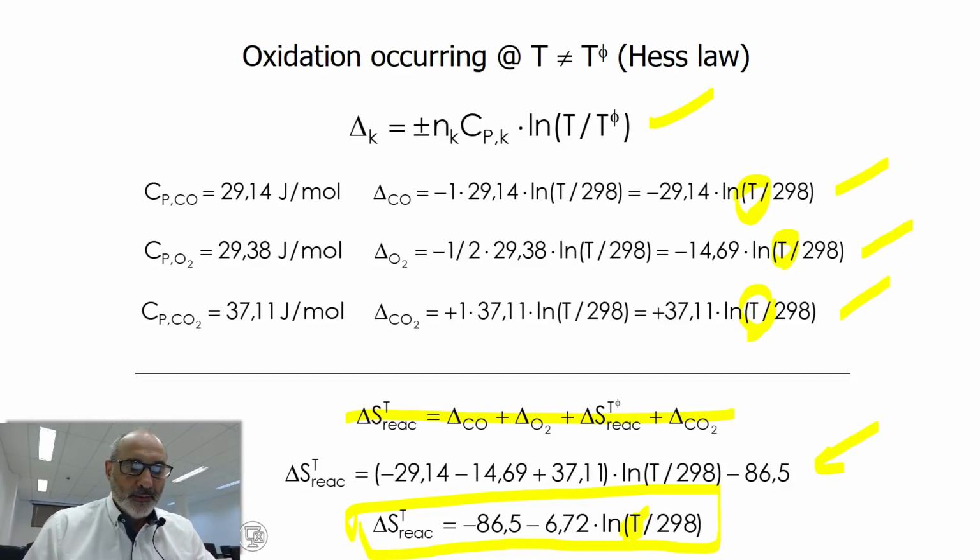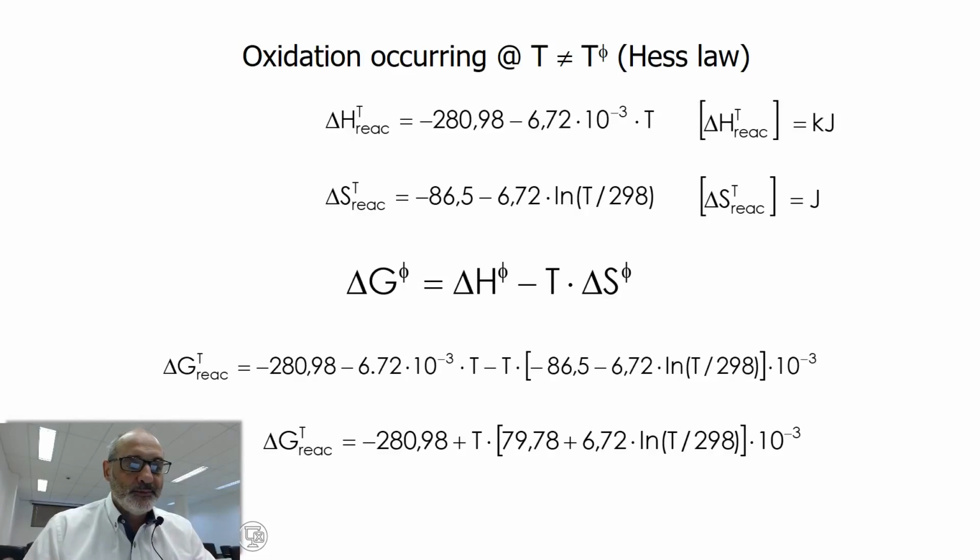Now let's put everything together and calculate delta G, because we want to know what is the temperature beyond which the reaction is no longer spontaneous, okay.